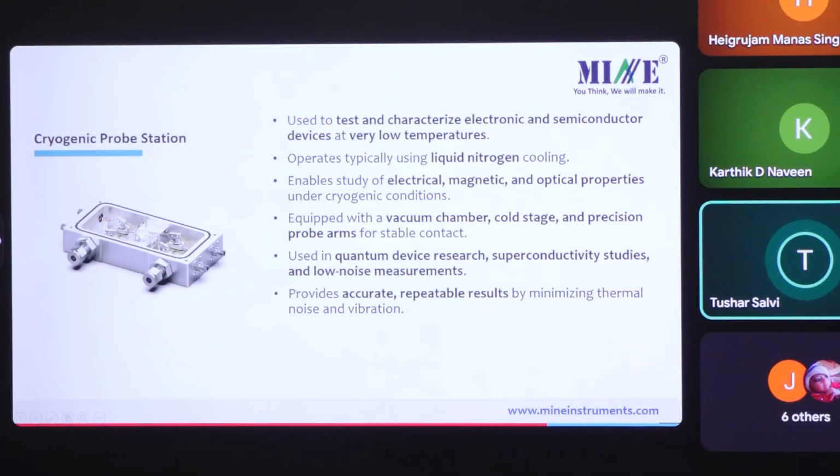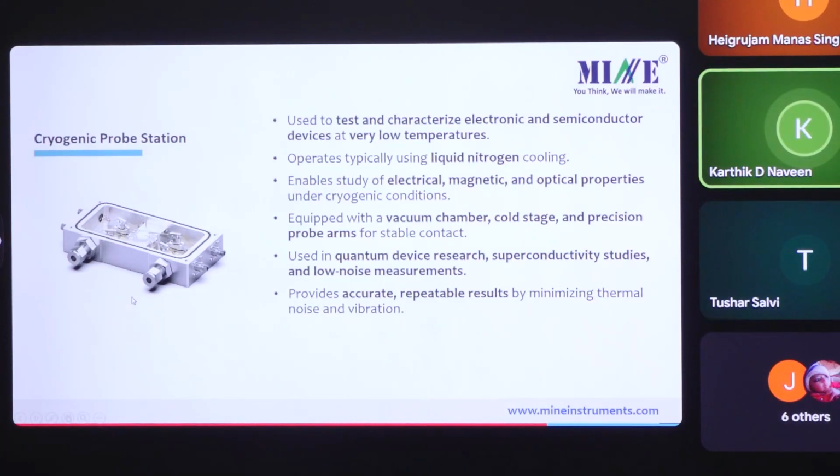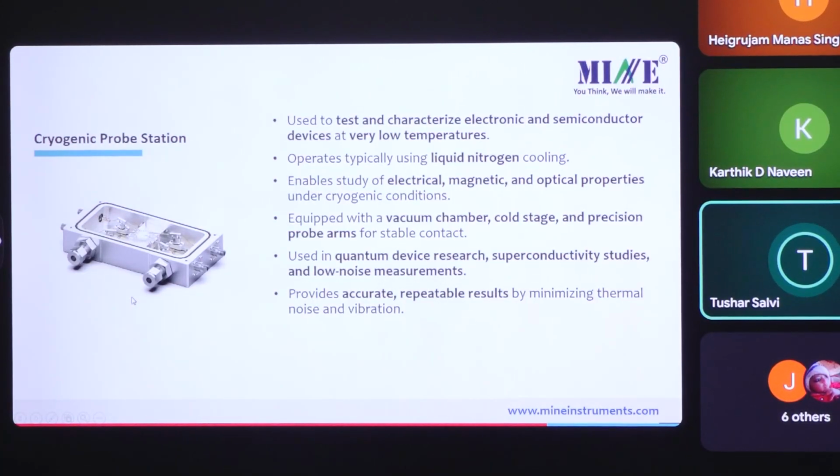Obviously, we will get a vacuum environment with negative and positive temperature very easily. So we are working on this probe station right now for minus 196 degrees Celsius to plus 400 degrees Celsius.